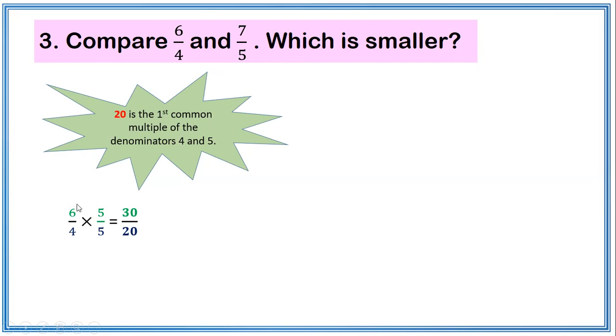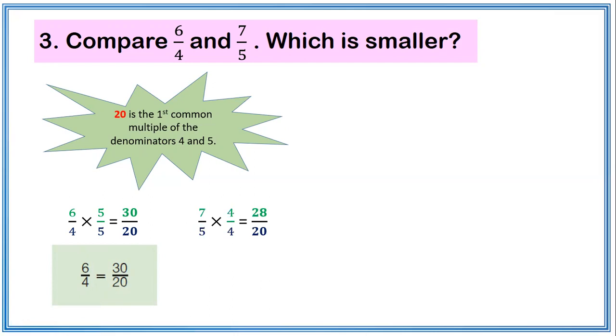So we need to multiply 6 out of 4 by 5 out of 5 to get a denominator of 20. So 6 times 5 is equals to 30. 4 times 5 is equals to 20. So 6 out of 4 is equal to 30 out of 20.